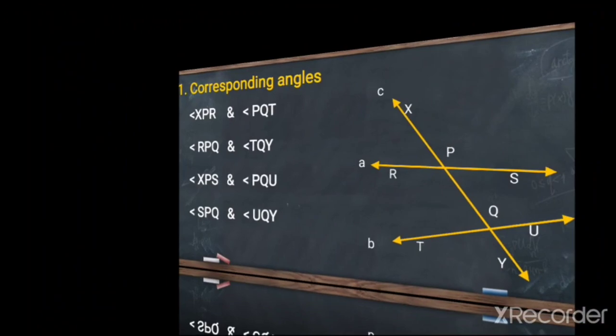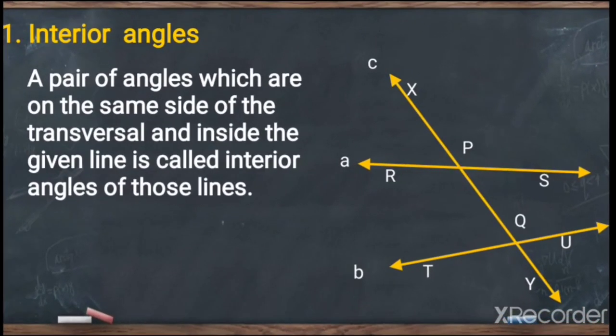Let's see the next one, interior angles. Interior angles mean a pair of angles which are on the same side of the transversal and inside the given lines. Such a pair is called interior angles of those lines.